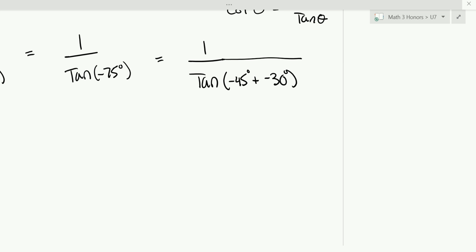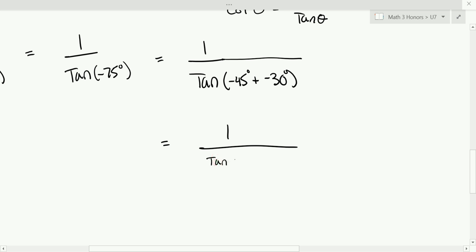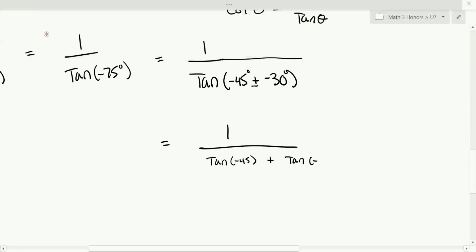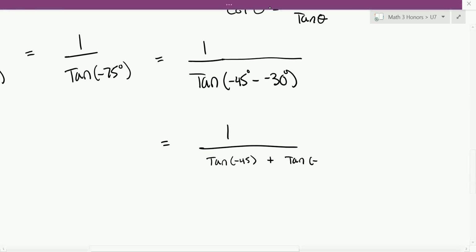So your next step, when you use that formula, is going to look like this. 1 over, and now I'm going to plug this into the formula, so I write tangent of negative 45 plus the tangent of negative 30. It's plus because there's a plus sign here. Oh, I just put a negative sign under there. But yes, it's a plus sign. So you're following the formula.